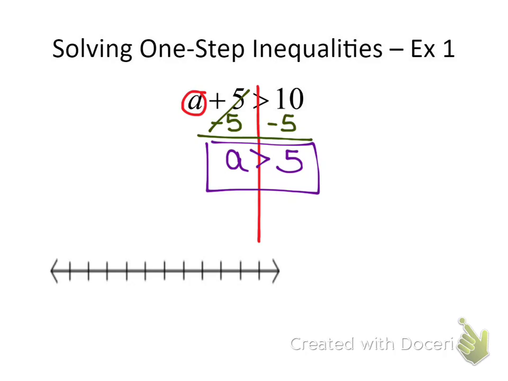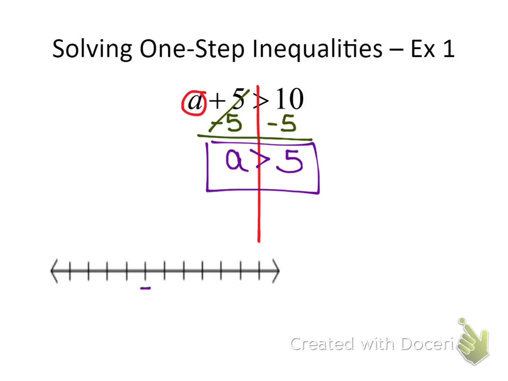Again, if the symbol's wider part is facing the variable, that is greater than. So think, Pac-Man or alligator eats the bigger one. So A is greater than 5. When we go to graph that on the number line, I'm not going to make you number it 0, 1, 2, 3, 4, 5, 6, 7. You don't need to do that. Because it's a greater than sign, is my dot going to be open or closed? Open.